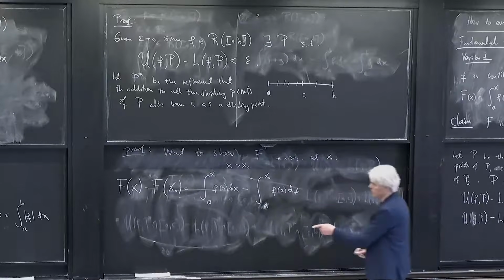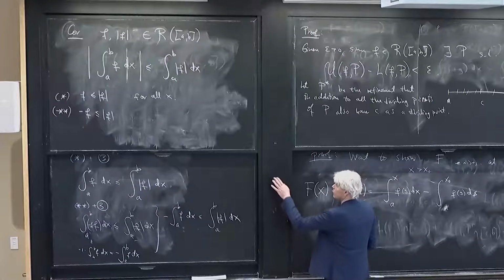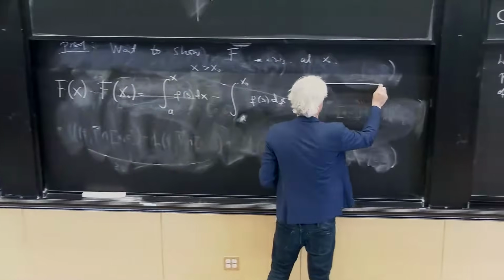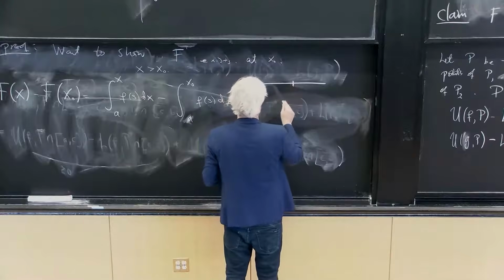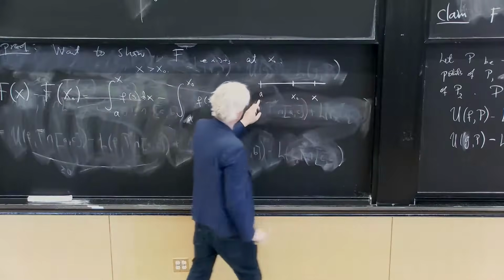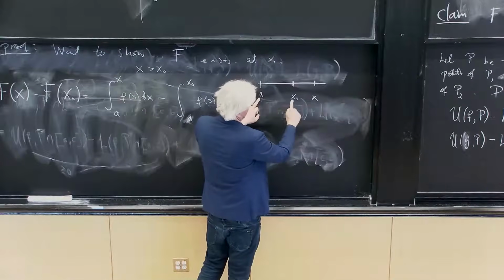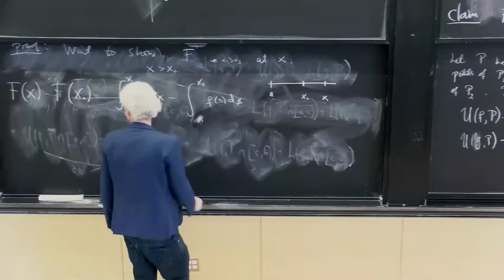But for this first integral, I can use the fourth rule, which says that you can split up an integral. So here if you have a, then you have x0, and then you have x. If you want to integrate little f over this, it's the same as integrating over this plus the integral over that. Right, so I do that.